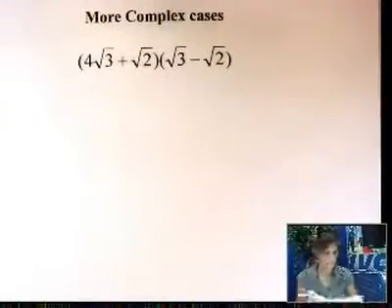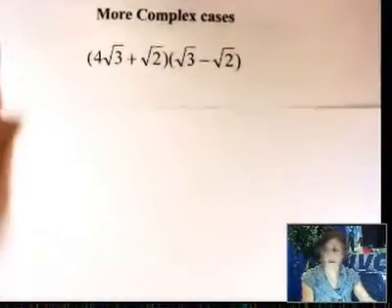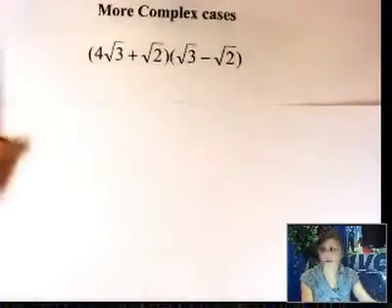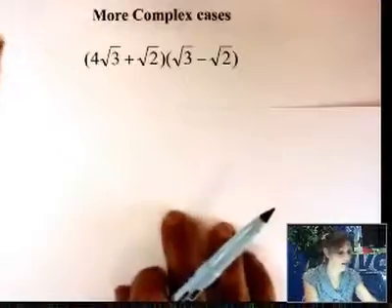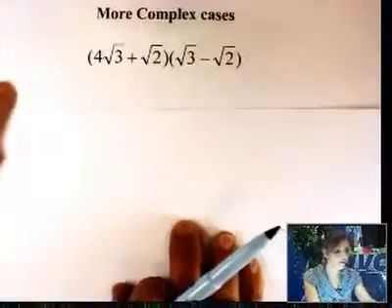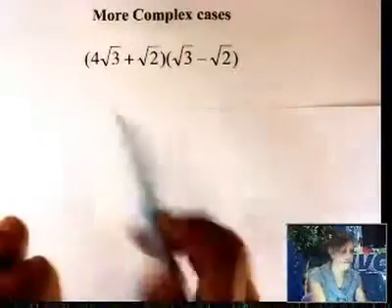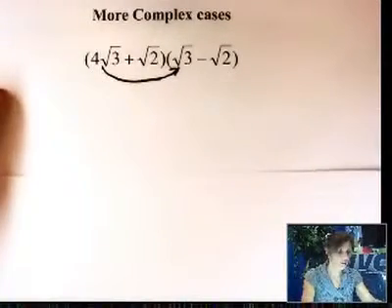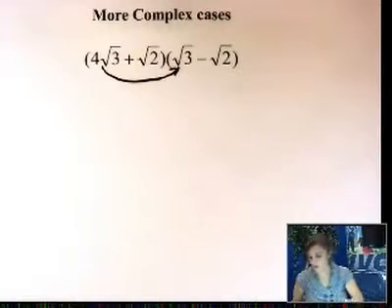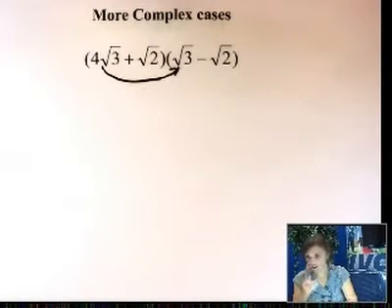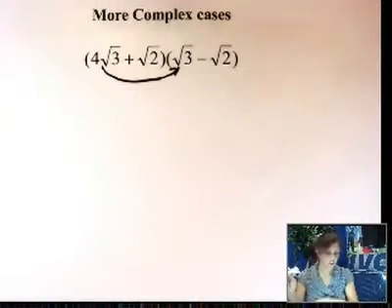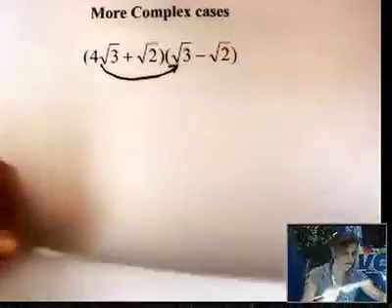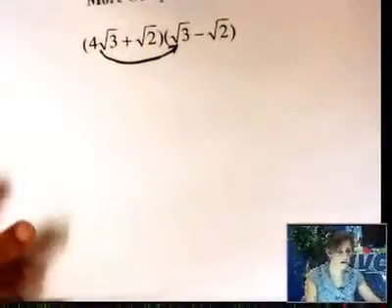Okay. Now I'm going to FOIL it. And when it is all different things, this is just kind of a more complex case. And I just FOIL it. So let's look at the first term. How does the first term work out? All right, here we go.